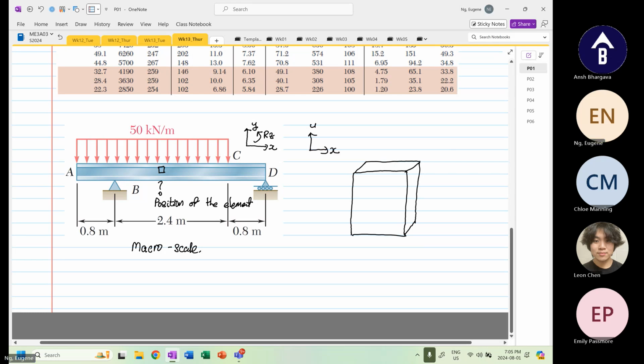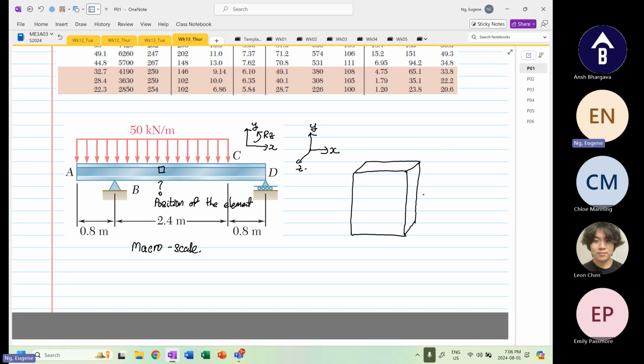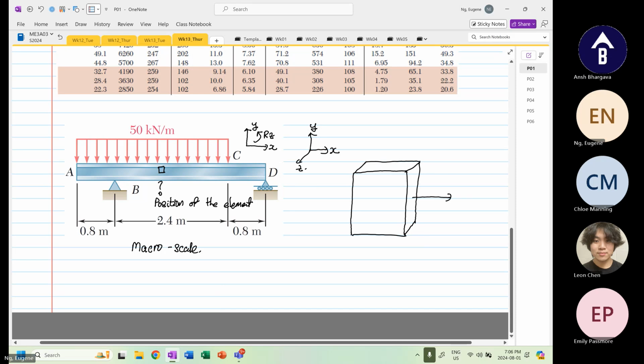X, Y, and this is our Z, we need to determine our stress X, and we know that stress X is equal to Mz over Izz multiplied by y.